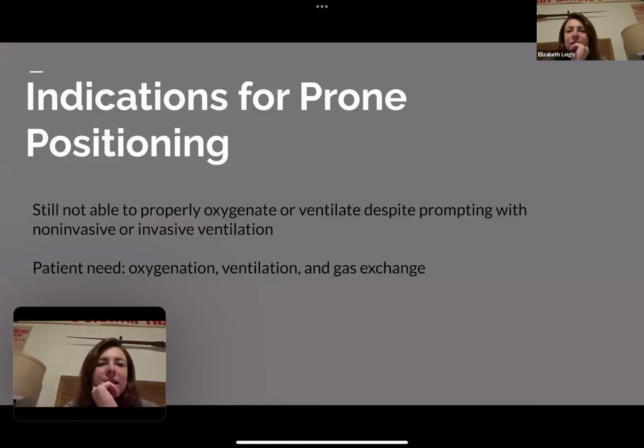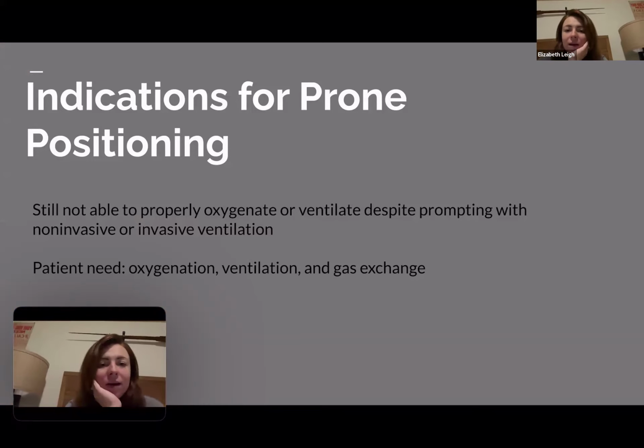So some indications for prone positioning, I would say first off is patient needs. If the patient isn't oxygenating well, they're not ventilating well, they're not able to participate properly in gas exchange. This is often a patient with acute respiratory distress syndrome, or a patient that is severely obese, or maybe they have pulmonary emboli, or just other things going on.